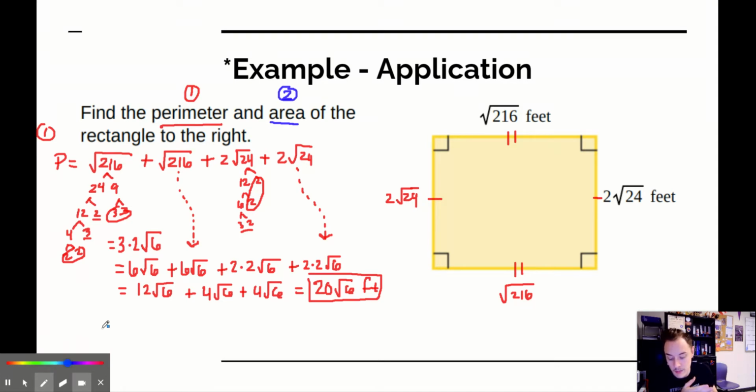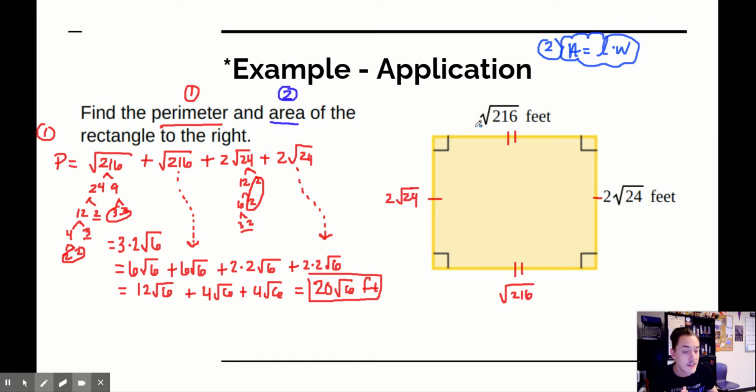How do I do my second step, my area? Well, my area, if you remember, for a rectangle is length times width. So I really just have to take radical 216 times 2 times radical 24.